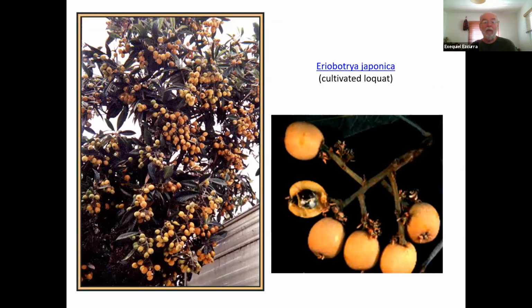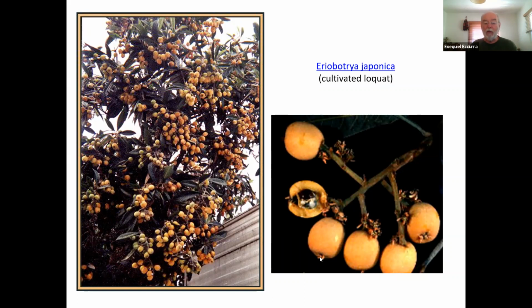One plant that you might see, because exactly as we speak, at this time of the year, in late April, early May, it's ripe and all over Southern California, is the loquat, Eriobotrya japonica. It's also a pome, and you can see it very well if you cut it, and during class we will cut one and do some dissection. But you can see that the flower parts are on top of the fruit and not below.